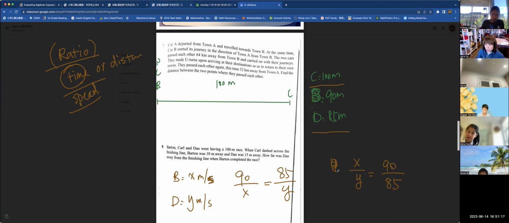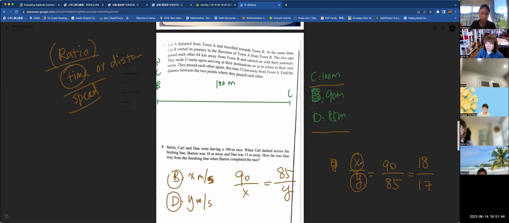Because in the same time, Barton did much better than Daniel, so the speed of Barton must be quicker than the speed of Daniel. Correct, everybody? So the answer is 18 to 17: divided by 5, divided by 5, 18 to 17.